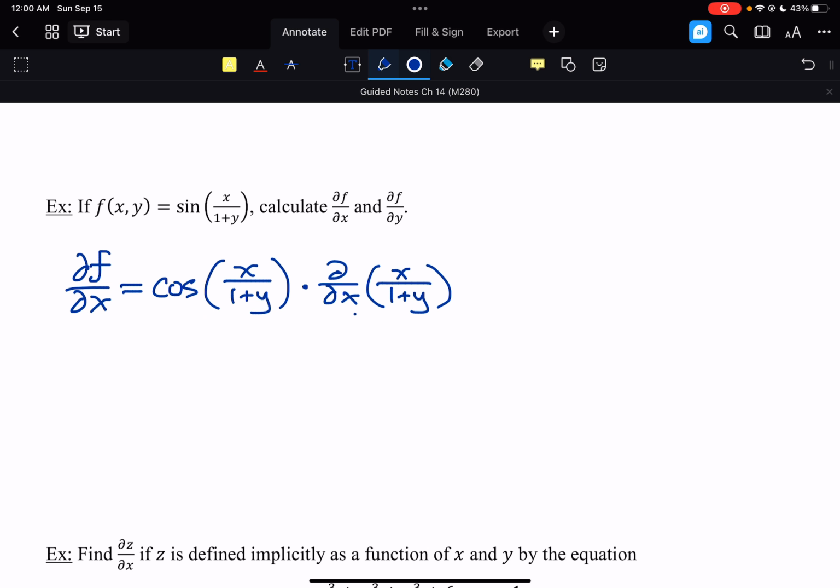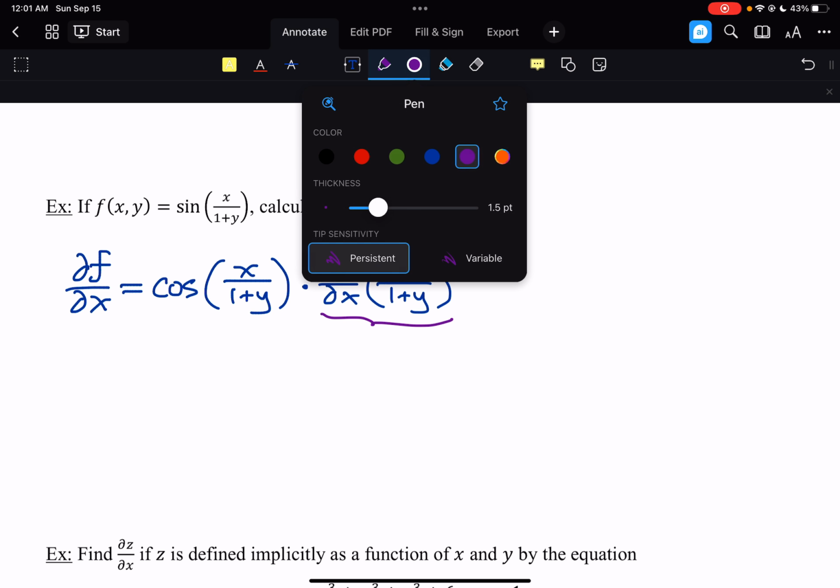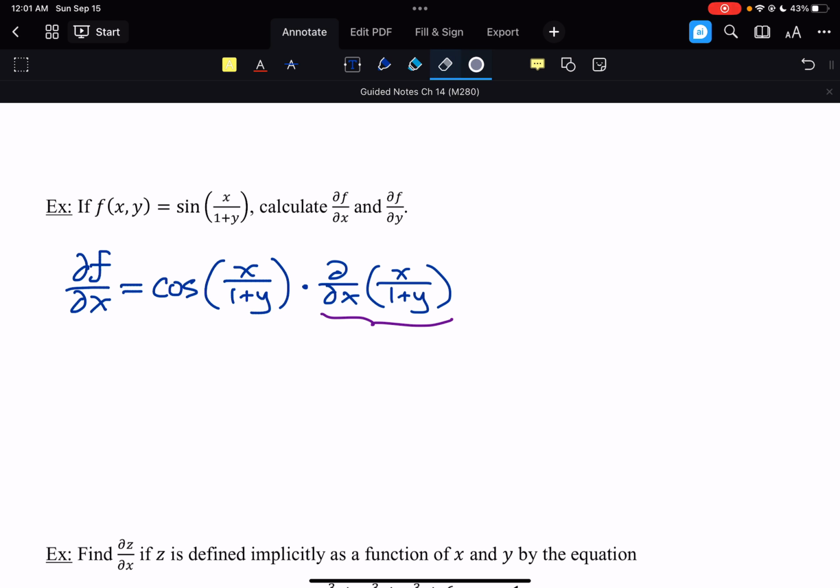Derivative of the outside times derivative of the inside, except this time it's the partial derivative of the inside. And the partial derivative here, x is a variable, 1 plus y is a constant. So again, this is just tacked on here. The x is the only part that we really care about, and the derivative of x is 1. The 1 plus y in the denominator, again, constant, it doesn't change anything.